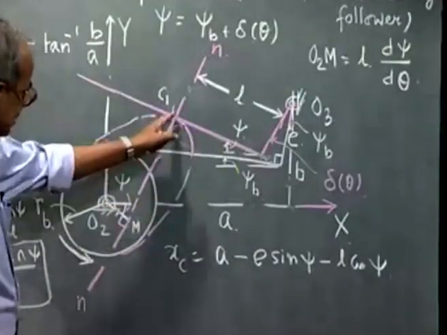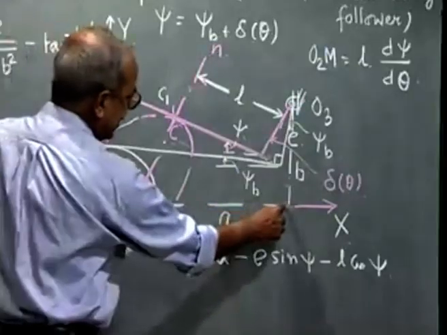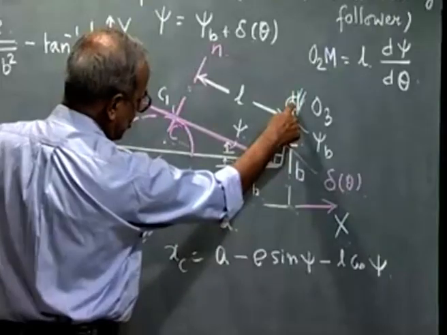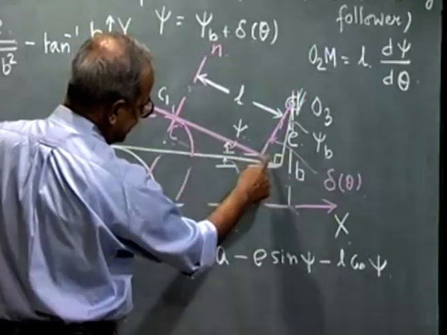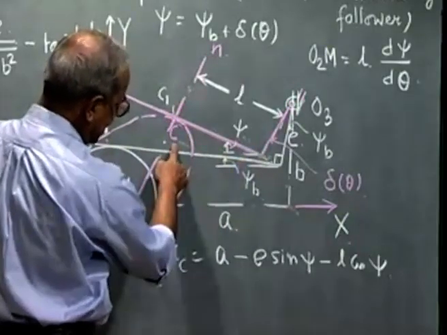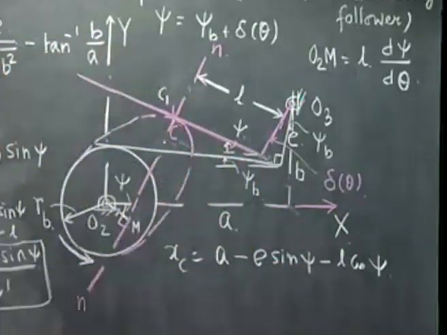The x coordinate of this point C is A. There is no projection of B on the horizontal direction. The horizontal position of E is E sin psi, but in this direction, and the projection of L is L cos psi, and in this direction, so that is the coordinate xc.